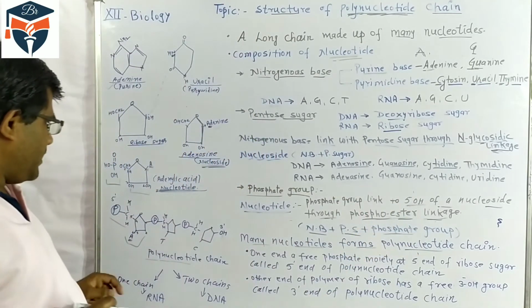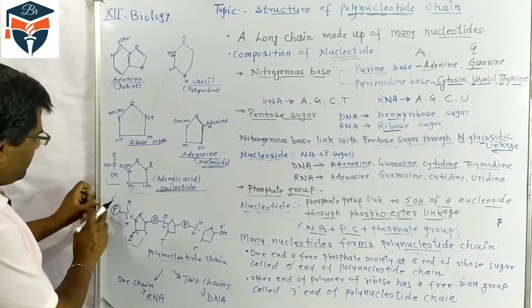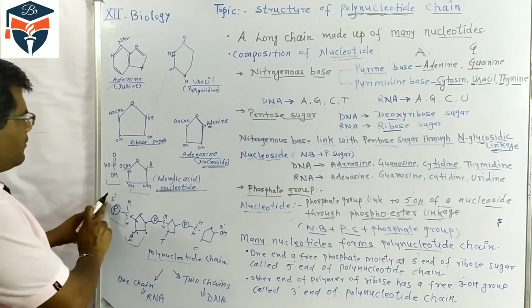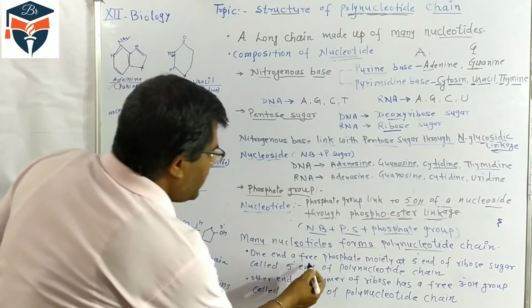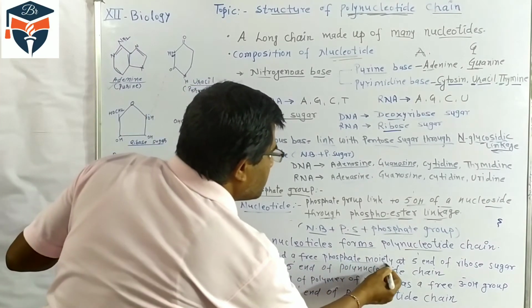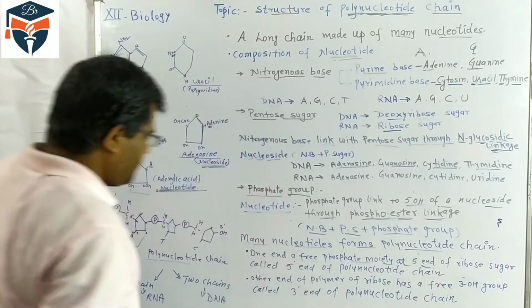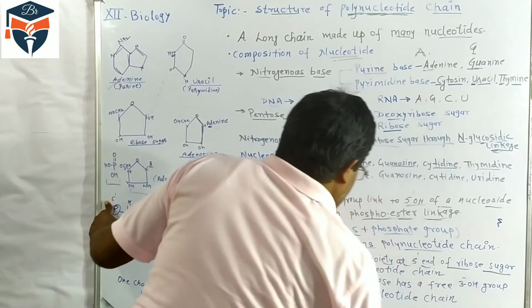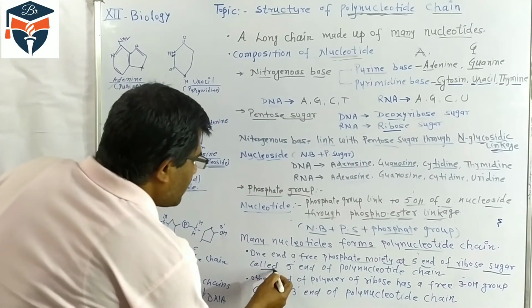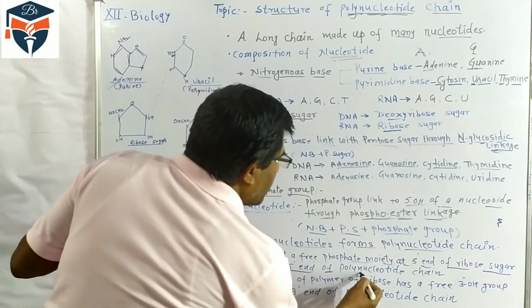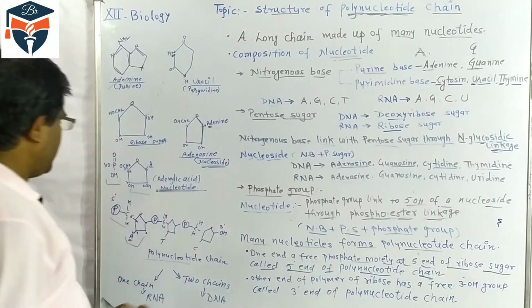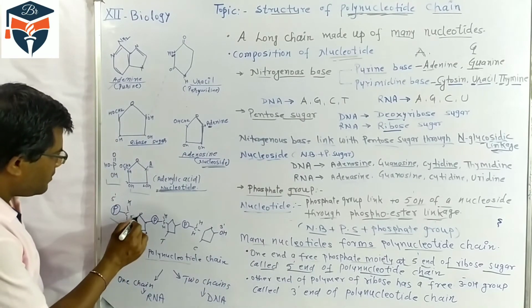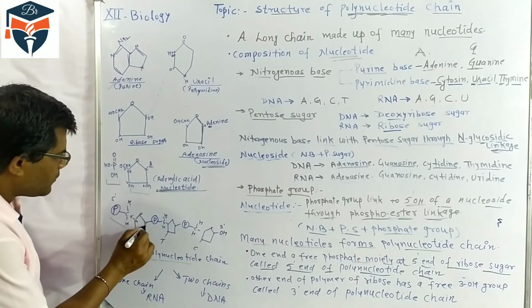In a polynucleotide, at the first end, you will see the phosphate group here. One end is a free phosphate moiety at the 5th end of the ribose sugar, and it is called the 5th end of the polynucleotide chain. Look at here. This is the pentose sugar.